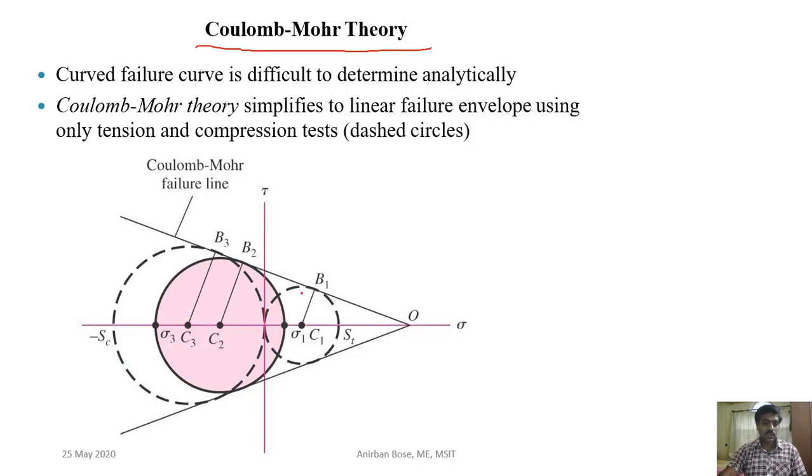Here you can see these two dotted lines, one corresponding to tensile and another corresponding to compressive, and then a tangent is drawn. That will be a straight line now. This is the new envelope, and if a stress point is within that envelope, then it is safe, and if it is outside it, then it is not safe. So this particular theory is called the Coulomb Mohr theory, which simplifies to a linear failure envelope using only tension and compression tests. Clear?